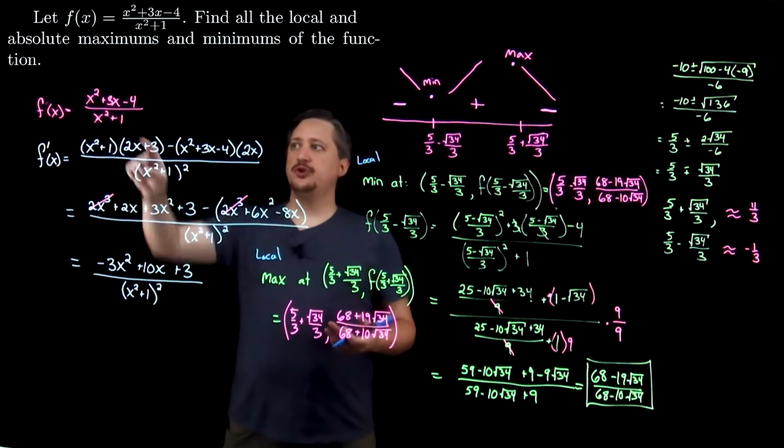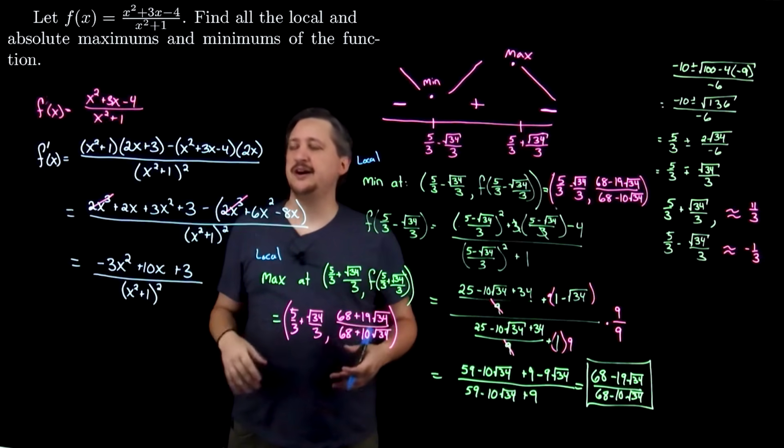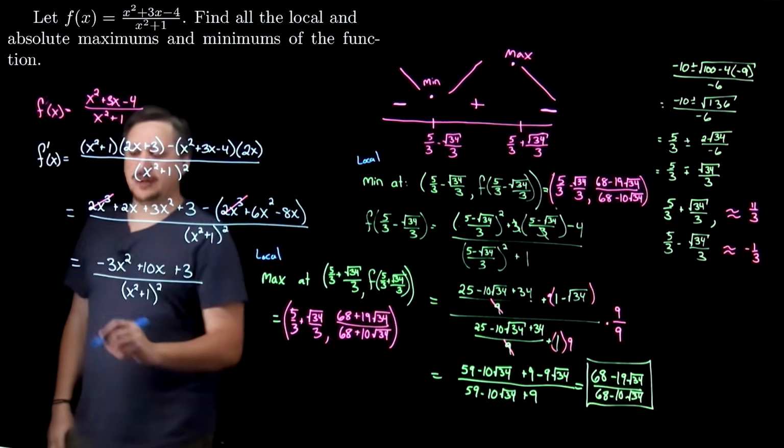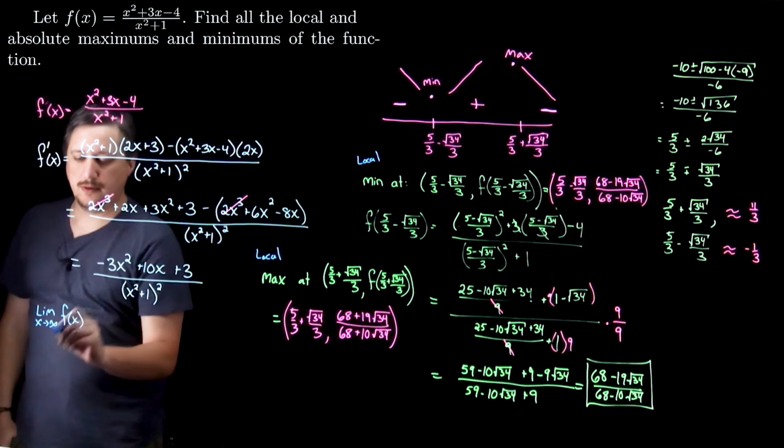In particular, because we have x squared plus 1 on the bottom, there's nowhere where this thing is undefined. But we need to know about the end-term behavior, meaning we need to look at the limit as x goes to infinity of f of x, and the limit as x goes to negative infinity of f of x.